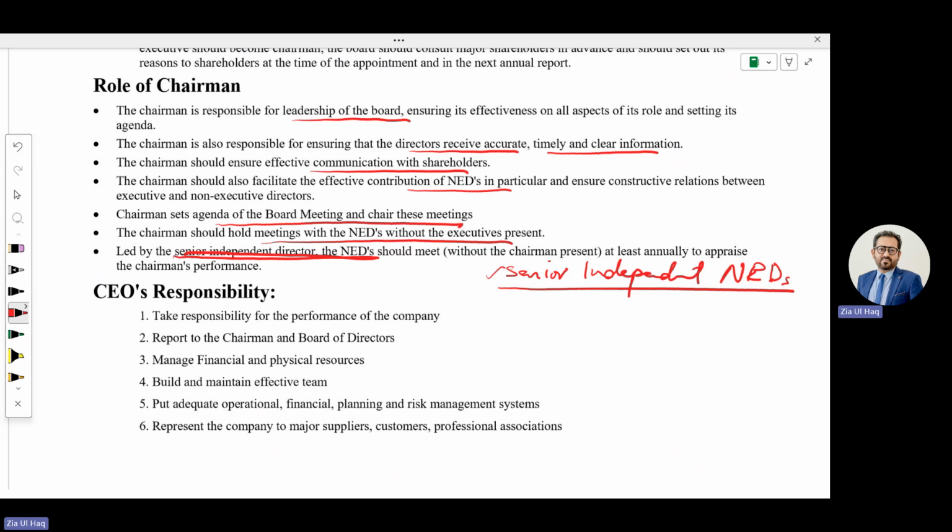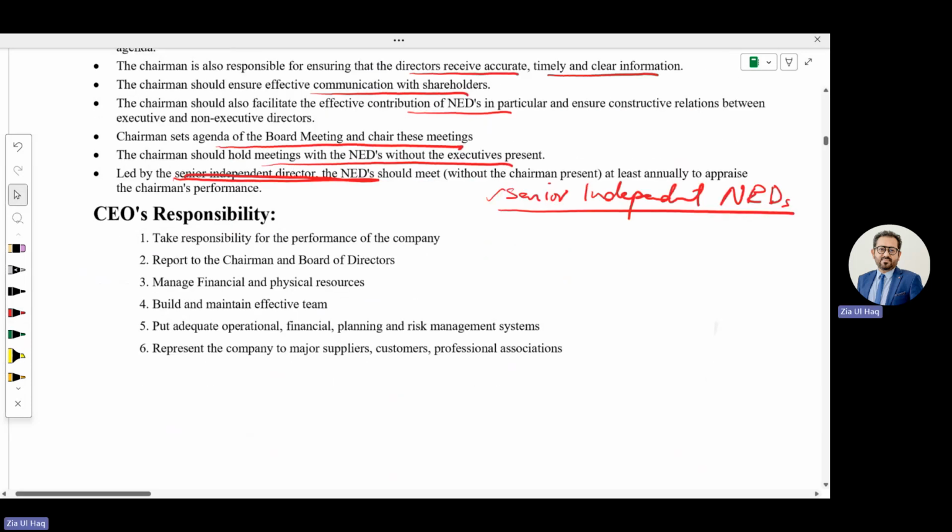He should make sure that non-executive directors are contributing properly. He should set the agenda and chair all board meetings. He should hold meetings with the non-executive directors to assess executive directors' performance and CEO performance. And he should make sure there is a senior independent non-executive director available in the company.